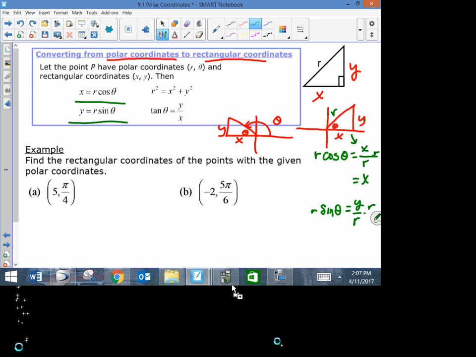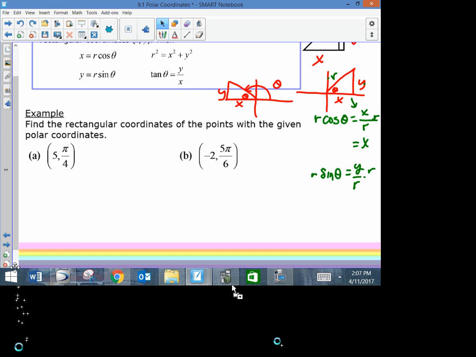Okay? All right, so we're going to use this toolbox to figure out how to change from polar to rectangular coordinates. Okay, this is polar. And we're wanting to know rectangular.